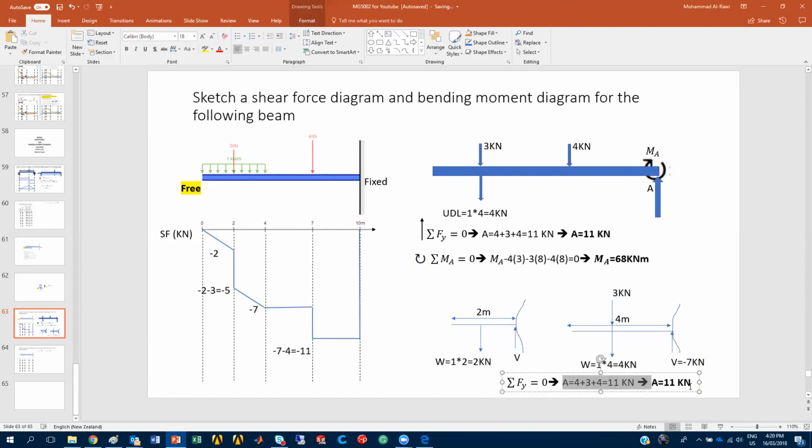So I will use this equation: 4 plus 3 minus V is equal to 0. Then V is equal to 7 kilonewtons. But because it's a downward load, that's why it's going to be negative. Is this better now? How we got the -7?